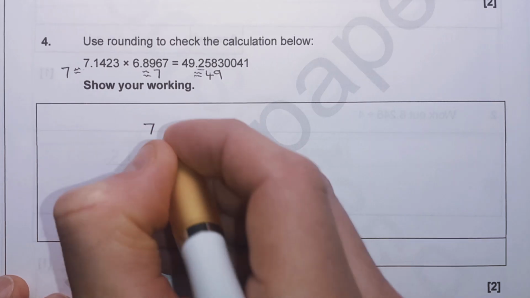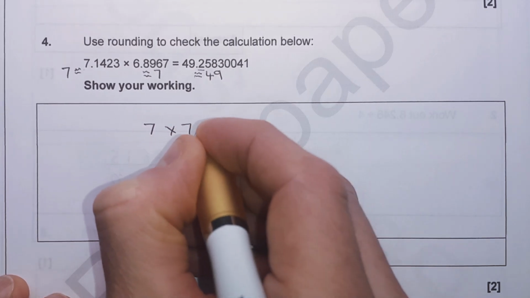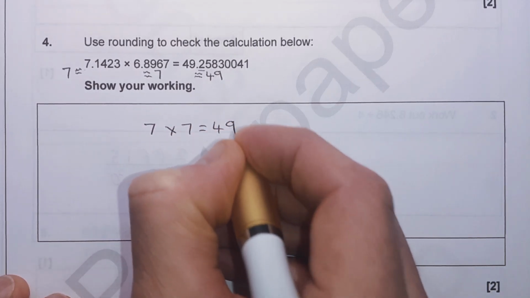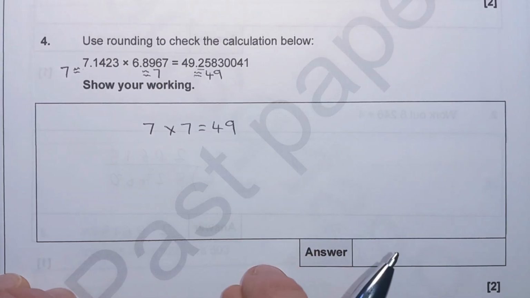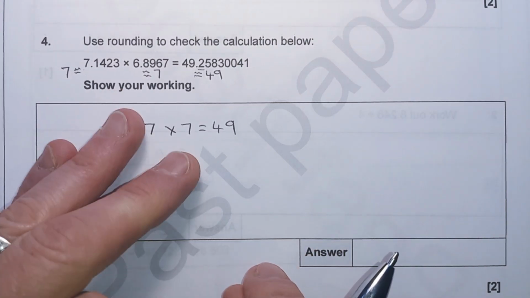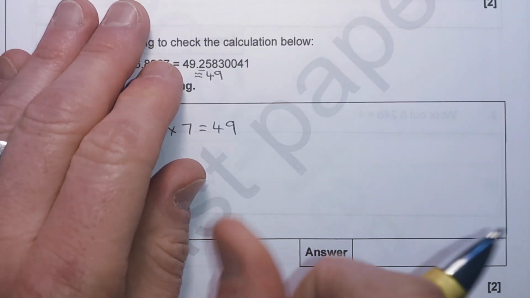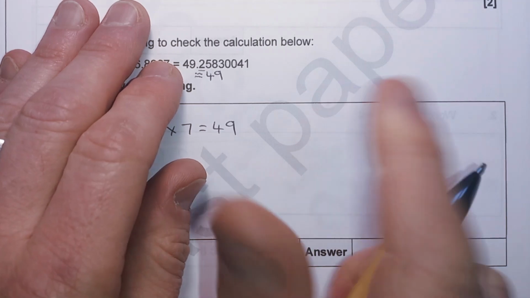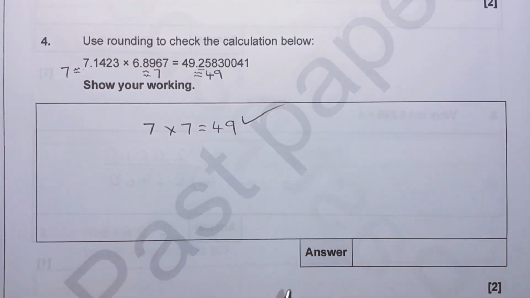So what we end up with is 7 times 7 equals 49. Well, let's check that. 7, 14, 21, 28, 35, 42, 49. Yep, that looks good to me. So that's our check done.